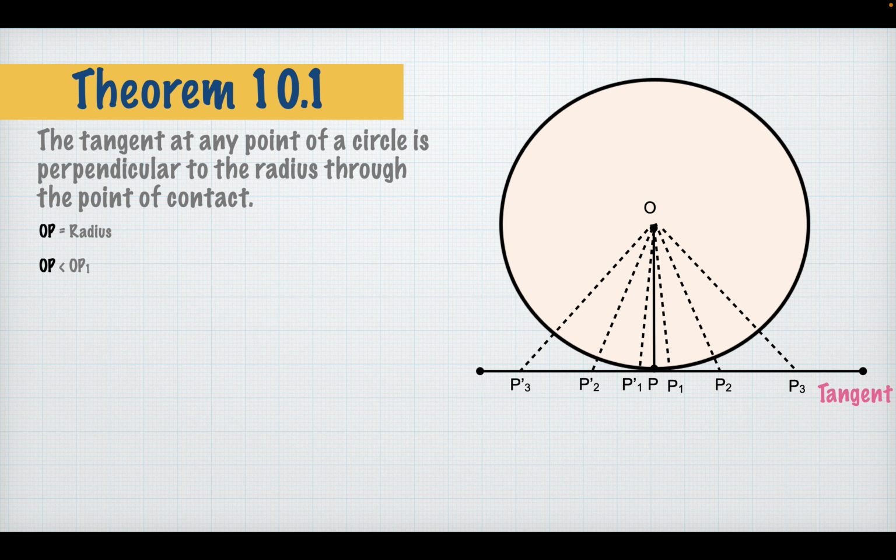And the point P1 is on the tangent, but the tangent touches the circle at only one point, the point of contact. So P1 is going to lie somewhere outside the circle, because there is only one point P that can be on the circle and the tangent both. So OP1 is going to be greater than OP.